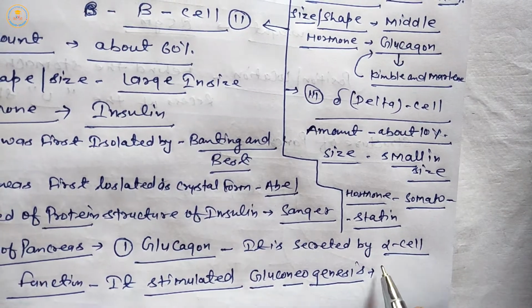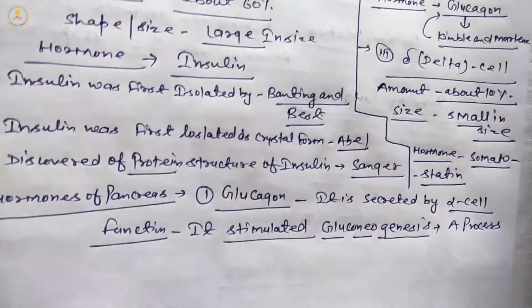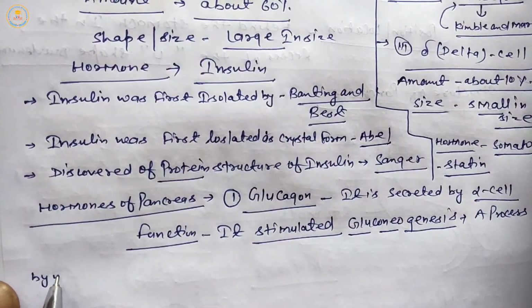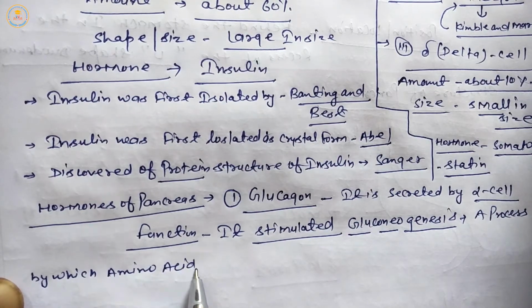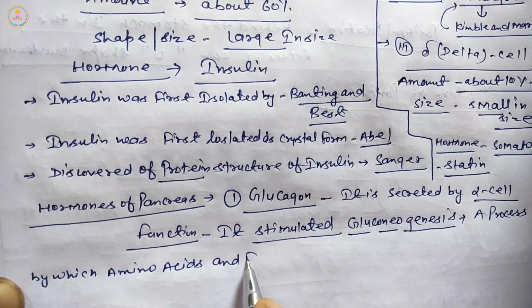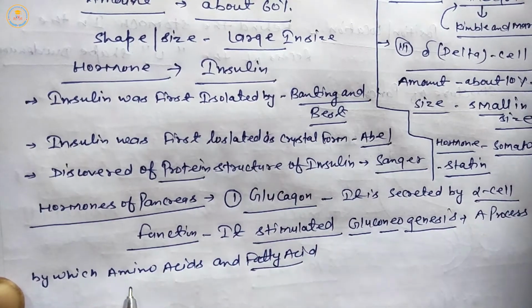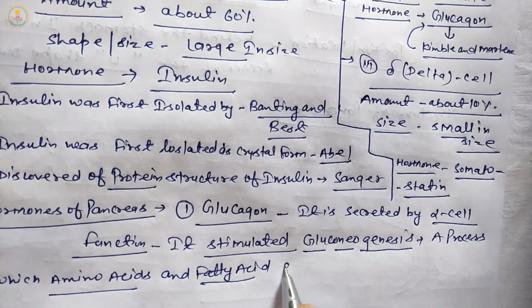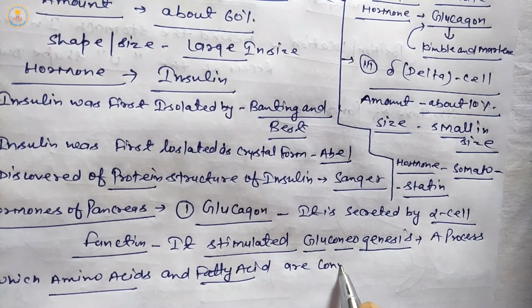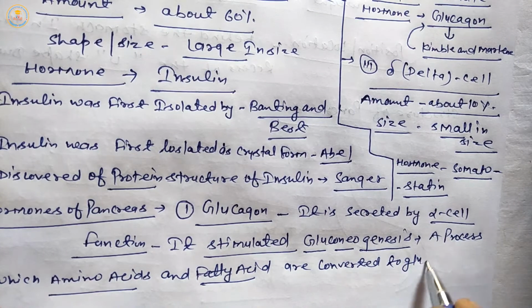It means a process by which amino acids and fatty acids are converted to glucose.